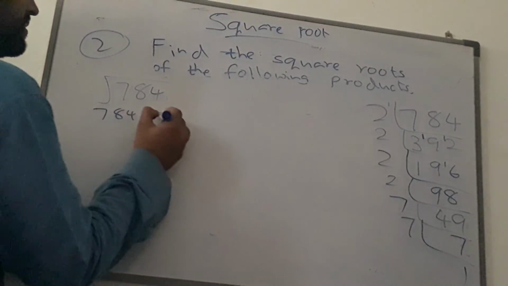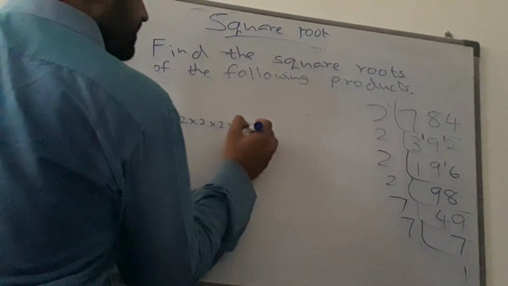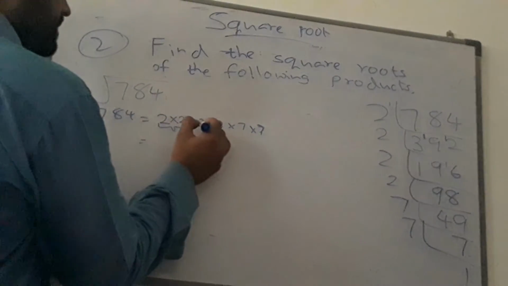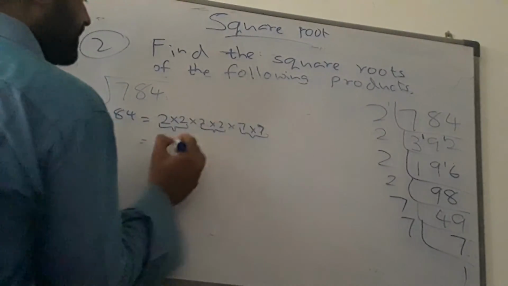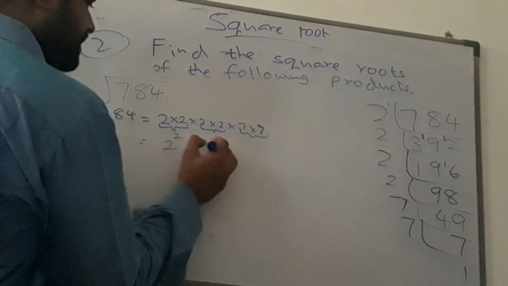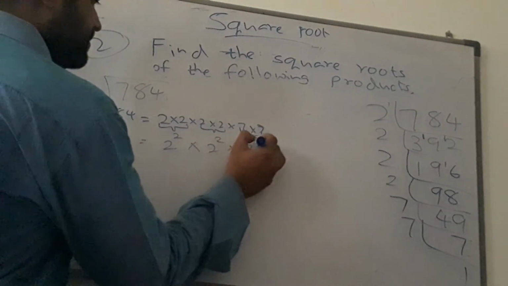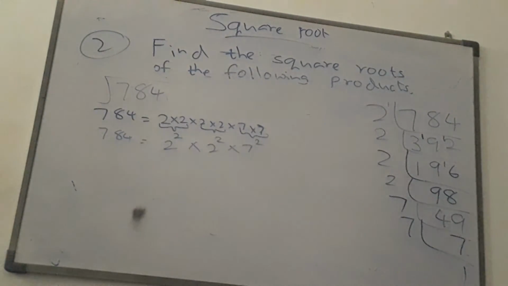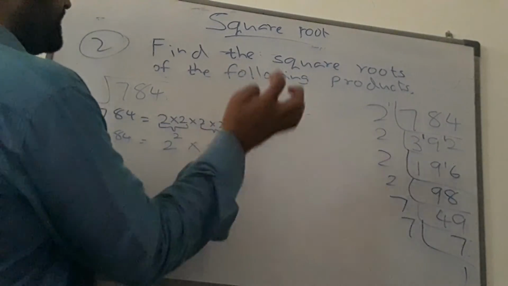So we can write 784 like this: 2 times 2 times 2 times 2 times 7 times 7. Now we can pair: 1 pair, second pair and third pair. 2 square times 2 square times 7 square. I paired this with each other: 1 pair, second pair, third pair.